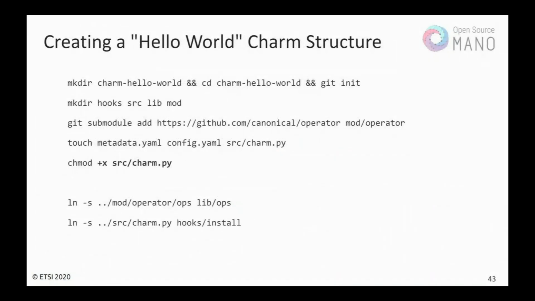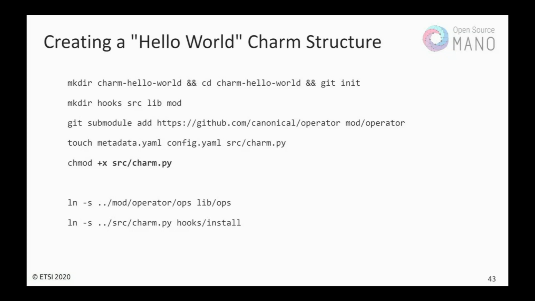So if you want to try creating something simple, you just need to create a charm structure. There are a couple of steps here on how to create the basic one. It's just to give you an impression that there's no magic in the creation of a given charm.